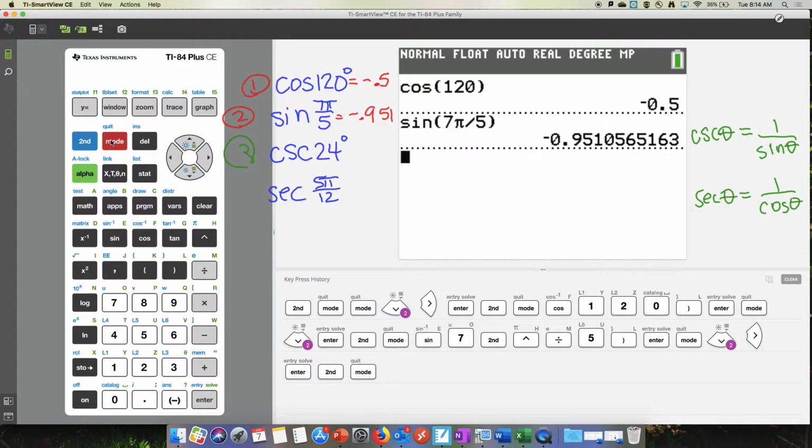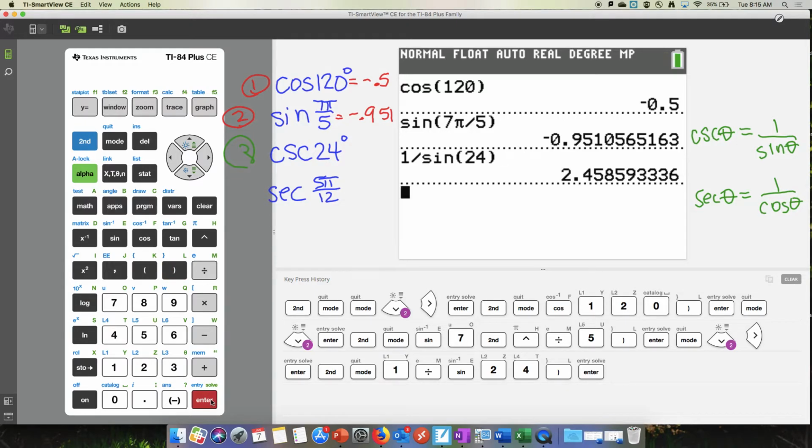So the cosecant of 24 degrees, since we don't have the cosecant button, we're instead going to have to type in 1 divided by the sine of 24 degrees, since the cosecant is the reciprocal of sine, and that will give us the ratio that we need.